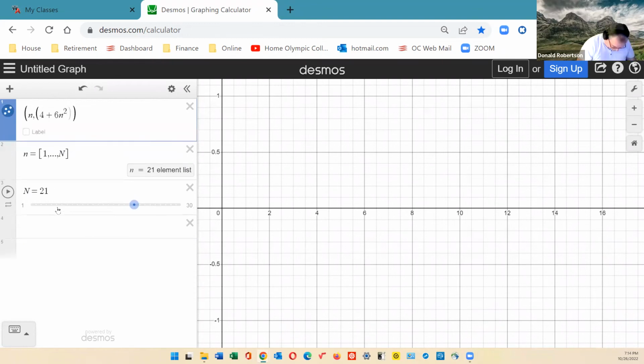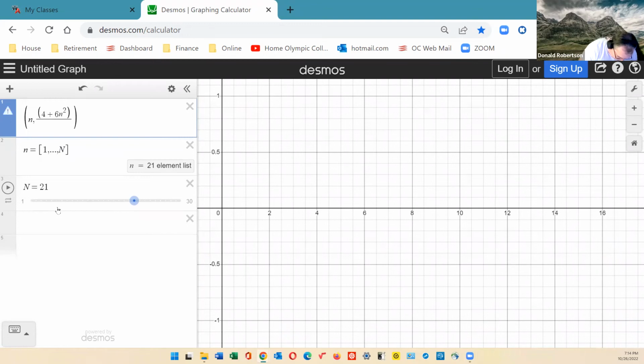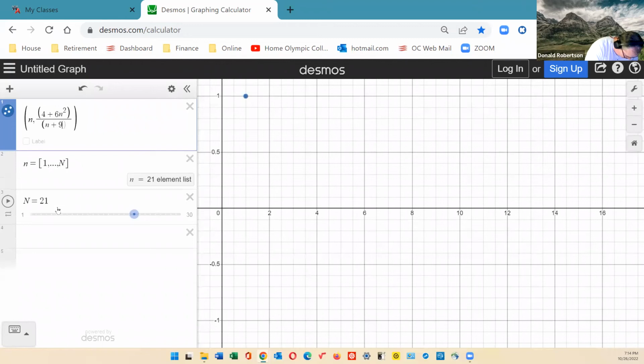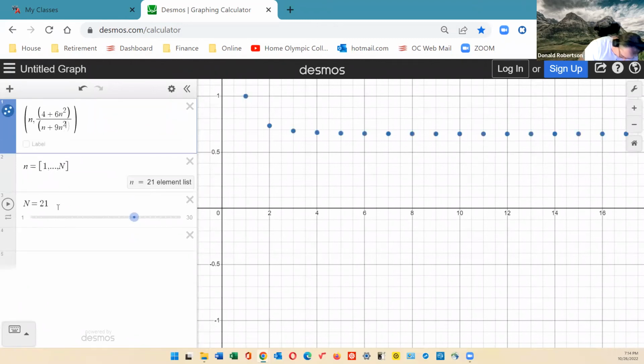There's 4 plus 6n squared on the top. No. God, you have to be careful with brackets. There you go. Divided by n plus 9n squared. So I'm doing another bracket to make sure that it does it in the order I want it. Right, we comfortable that's the formula?